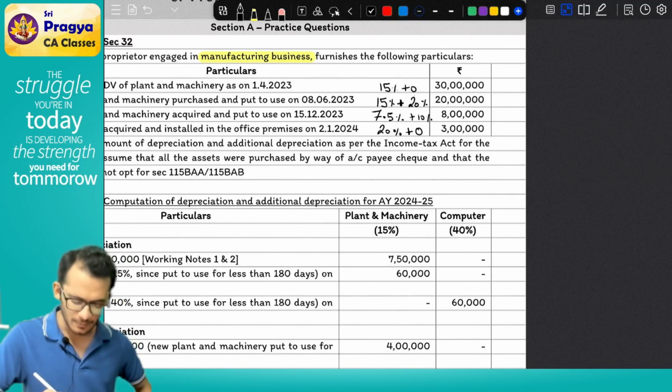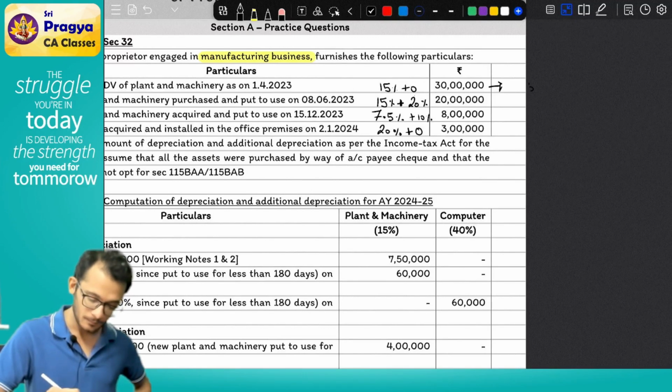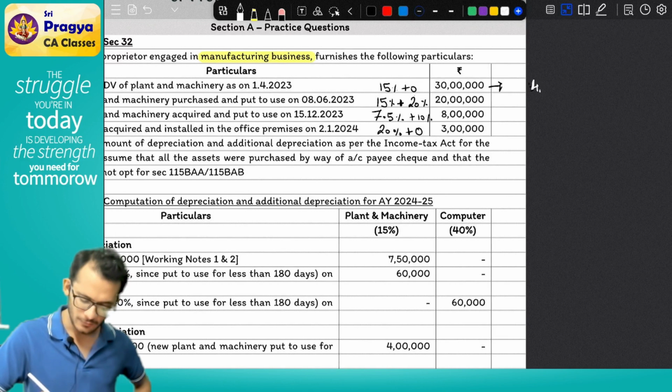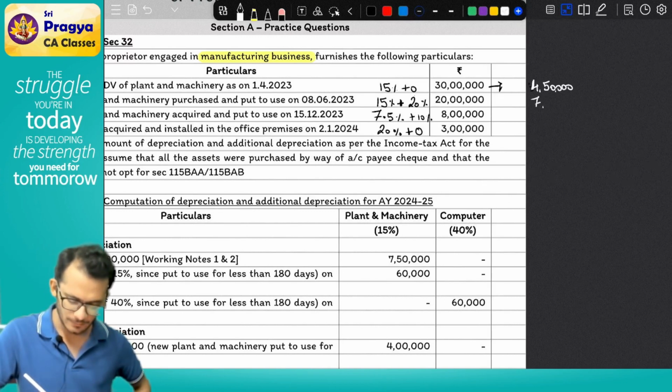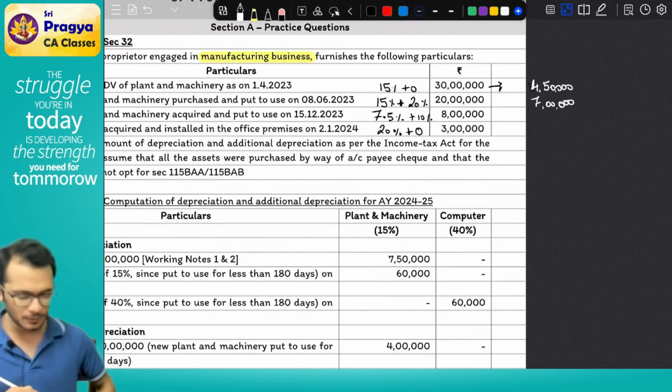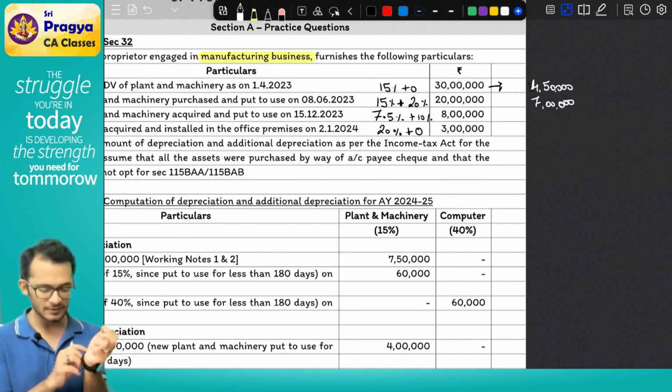So 30 lakhs into 15% will give you 4,50,000. 20 lakhs into 35% will give you 7 lakhs. 8 lakh into 17.5%. Get me the number.